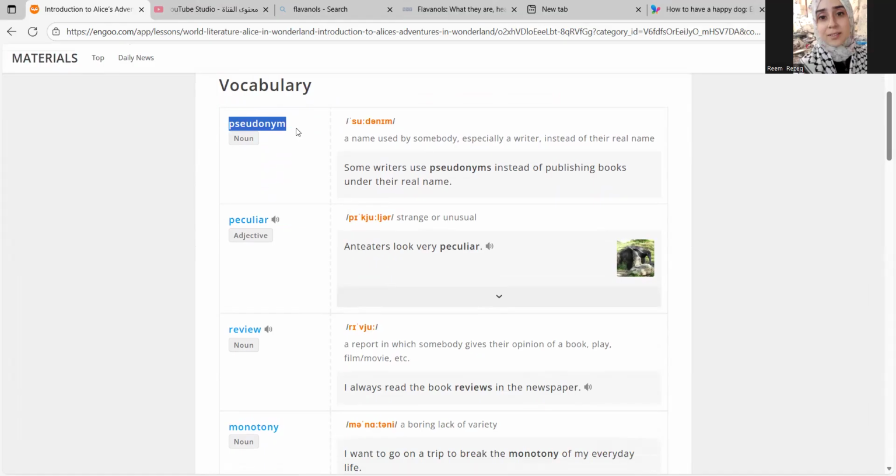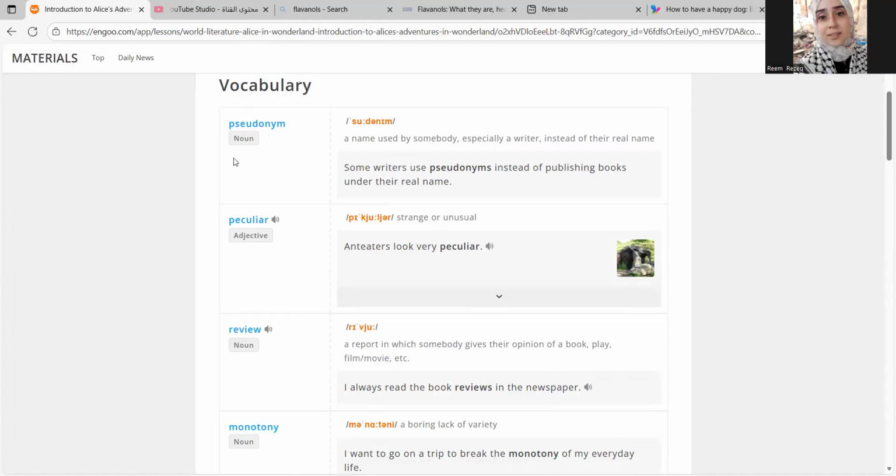For example, here we have this word, and this is the transcription. When we look at this word, we have P underlined, then S-E. So are we going to pronounce this P, or are we going to focus on S?